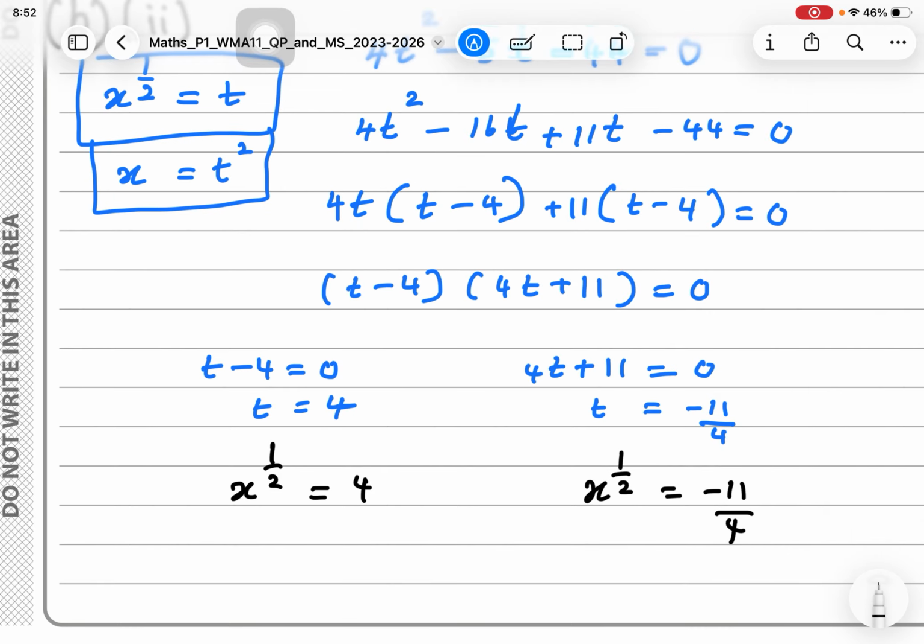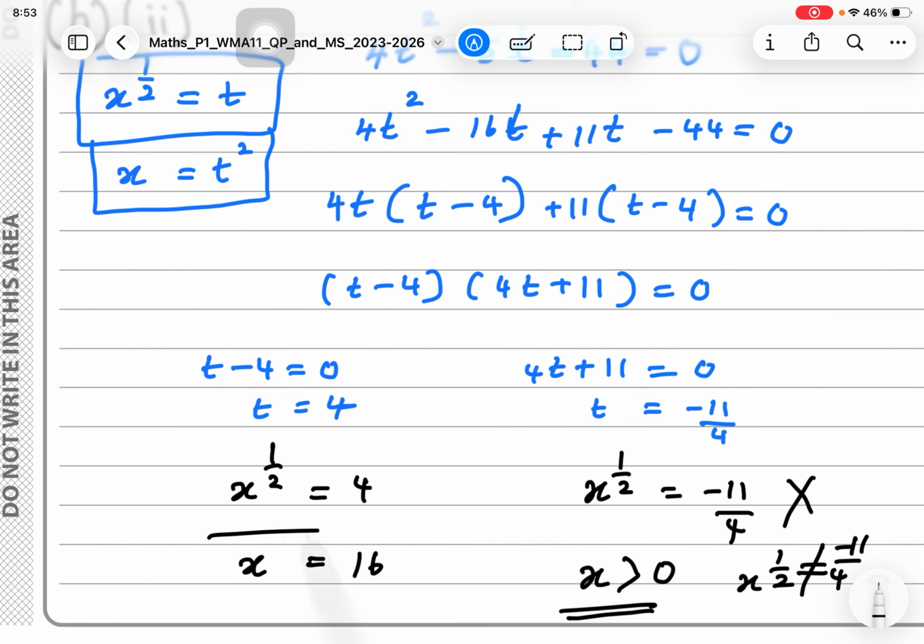We can get rid of this answer, since x is greater than 0, so x to the power half cannot equal negative 11 over 4. This answer is wrong, so the only option is t equals 4. When you find x by squaring it, you get 16. So this is the only possible answer.